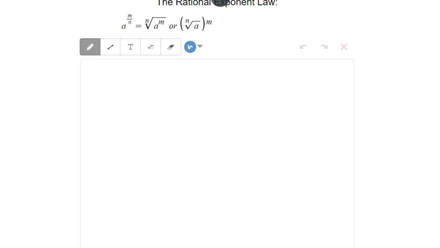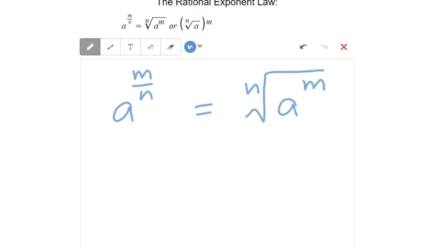Okay, so let's take a look at our exponent law. The exponent law itself says that if I have a to the power of m over n, this can be rewritten as the nth index of a to the power of m. Now you'll notice that our base has become the radicand.